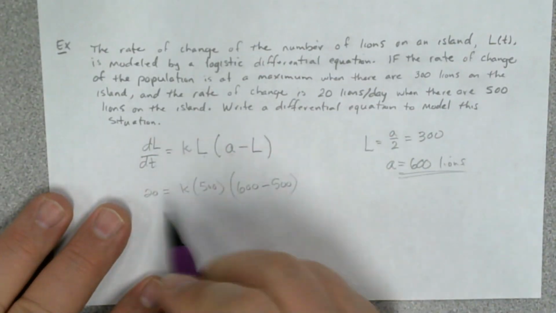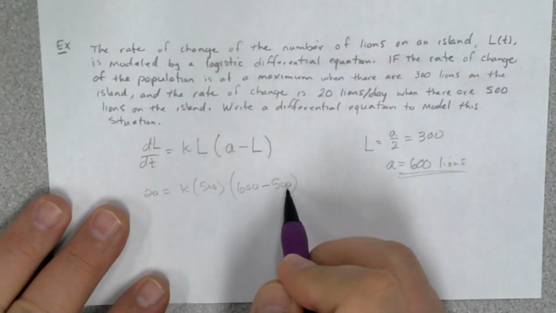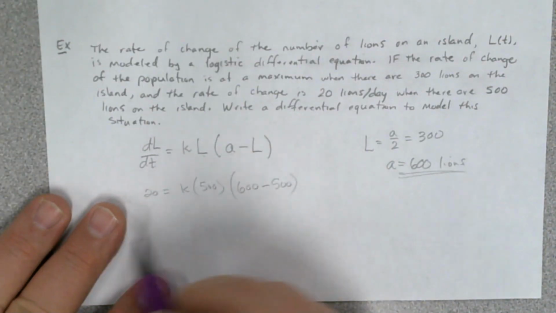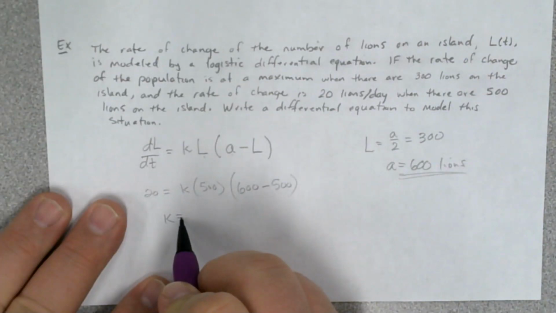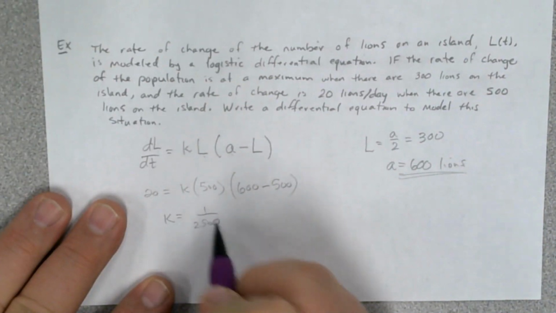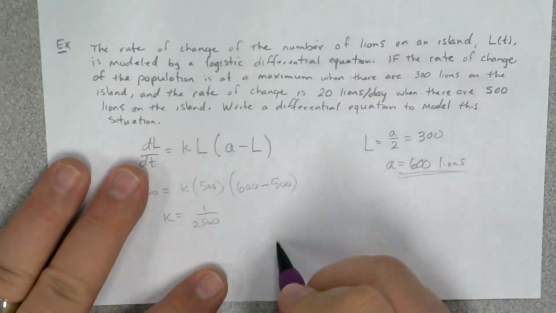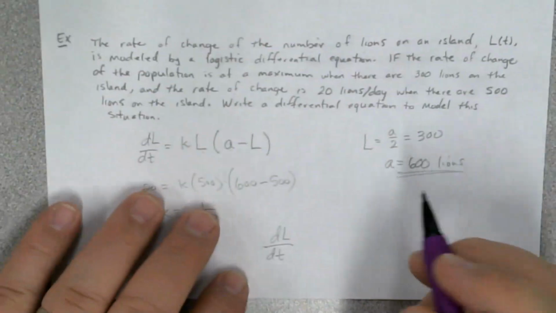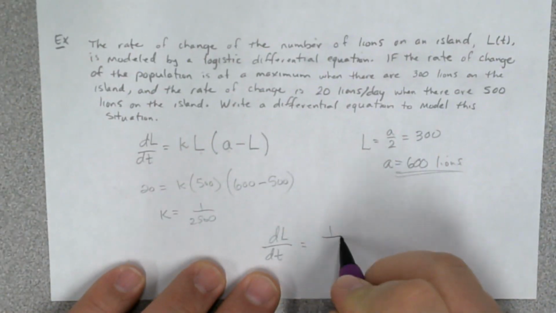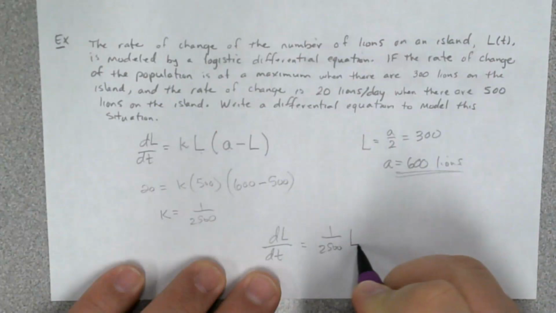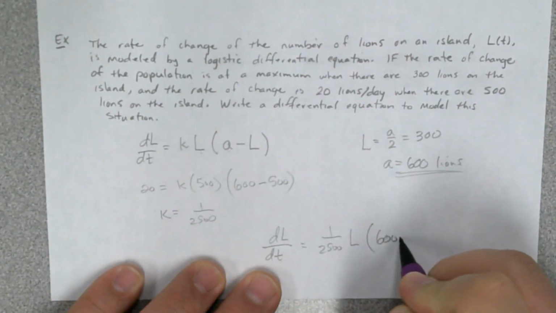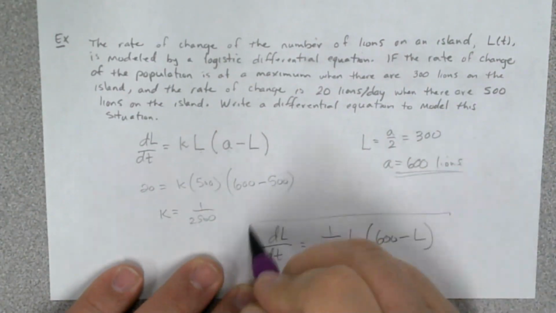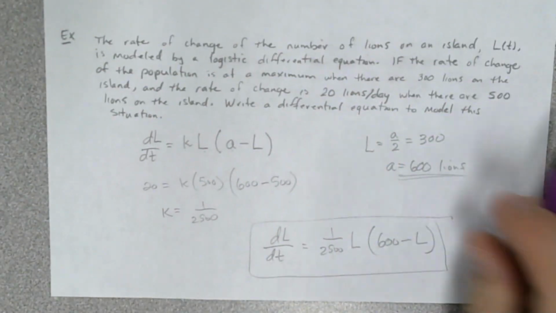So if I work all this out, this will be 100, and divide everything out, I get k is equal to 1 over 2,500. And once I have that, then I can plug everything into my differential equation right here and get 1 over 2,500 times L times 600 minus L. And that is my differential equation.